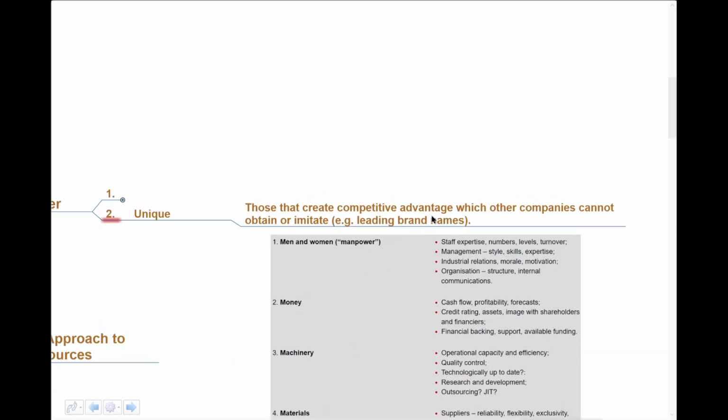Unique is all about competitive advantage. What we really want when we think about unique resources are things that other companies certainly don't have now, or it's very, very difficult for them to obtain or imitate. Going back to the cell phone market, Apple's a good example.